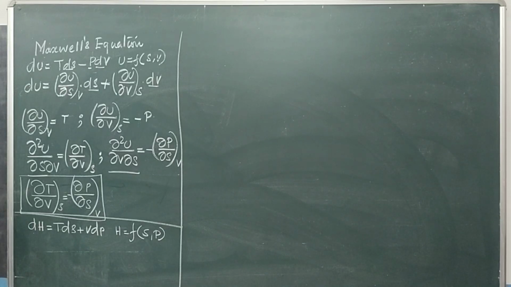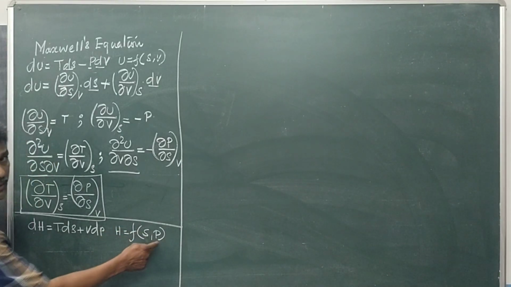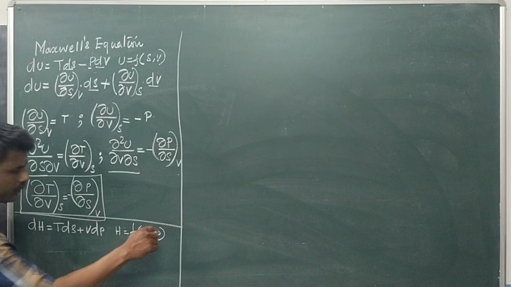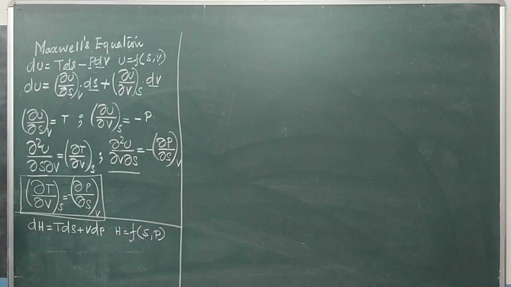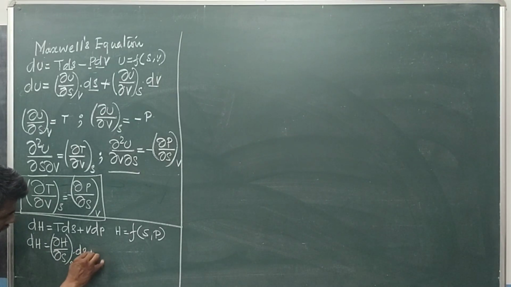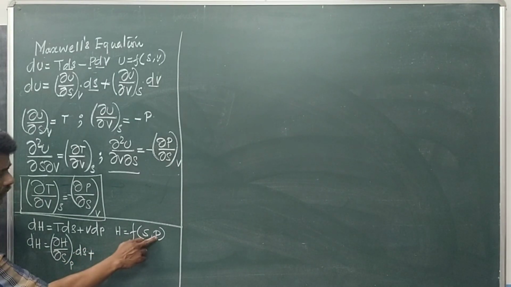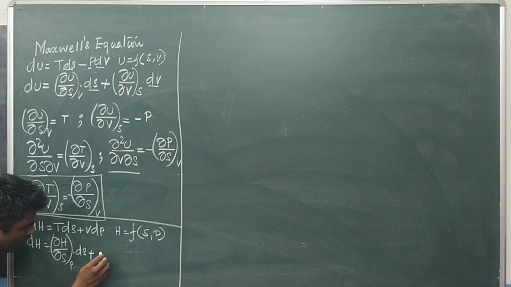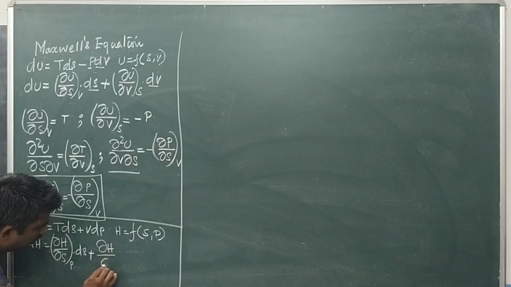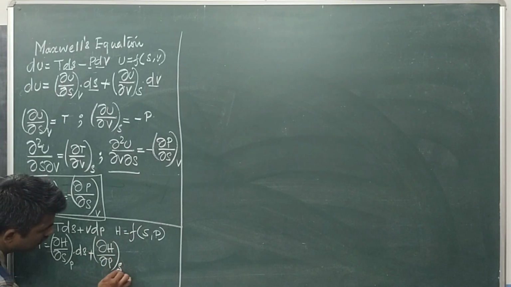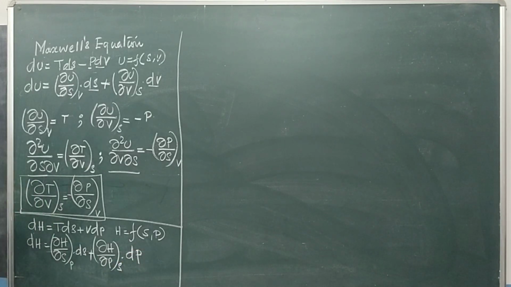Now I am going to differentiate with respect to S at constant P plus with respect to P at constant S. Hence the total differential dH is equal to (∂H/∂S) at constant P dS plus (∂H/∂P) at constant entropy dP.